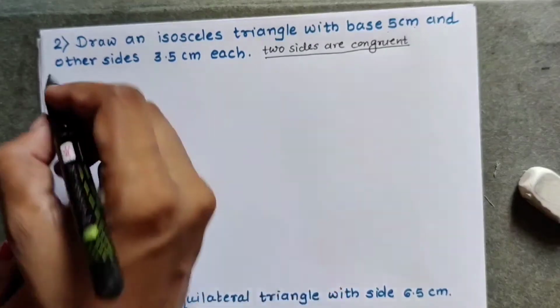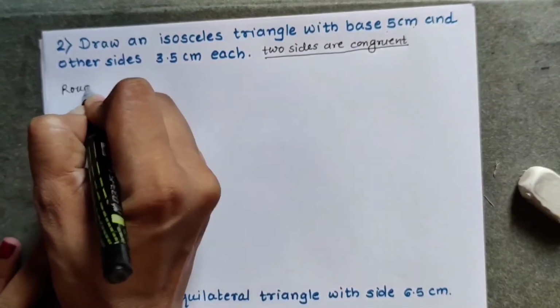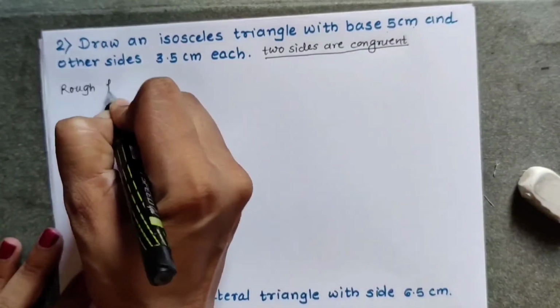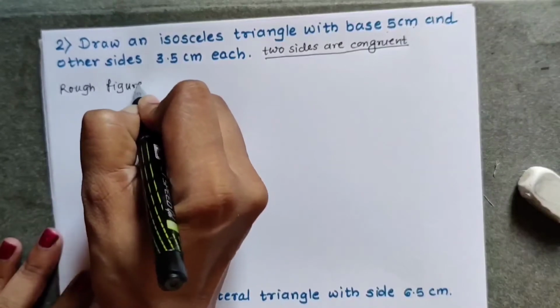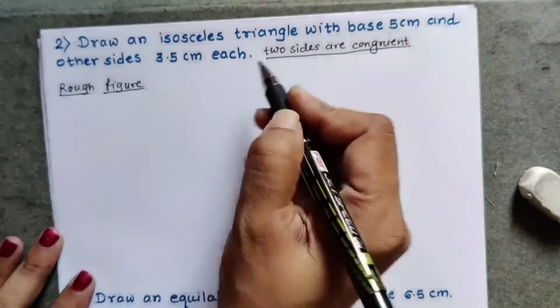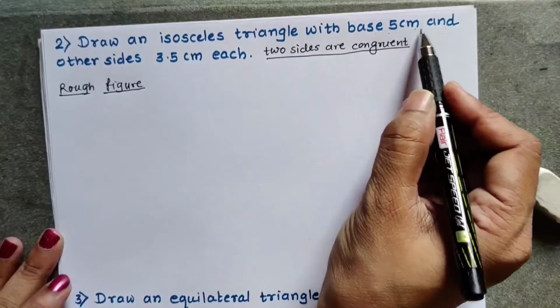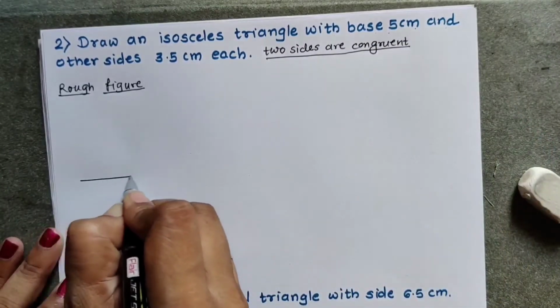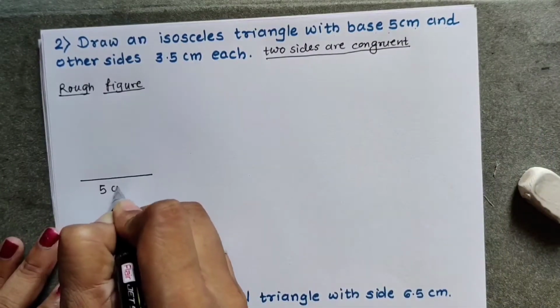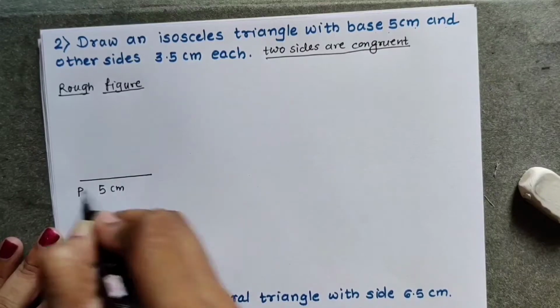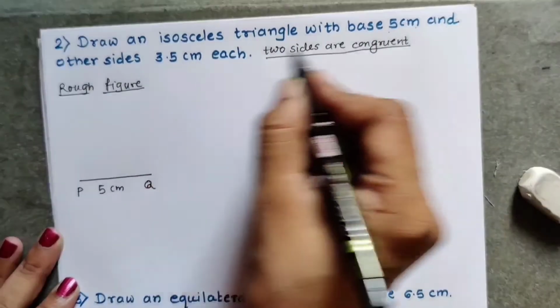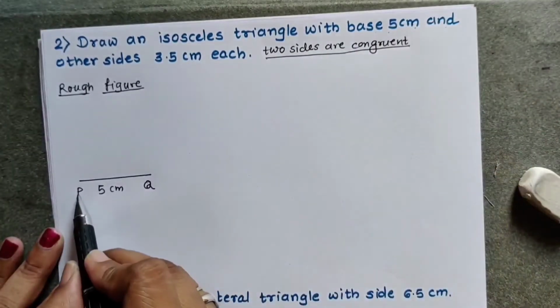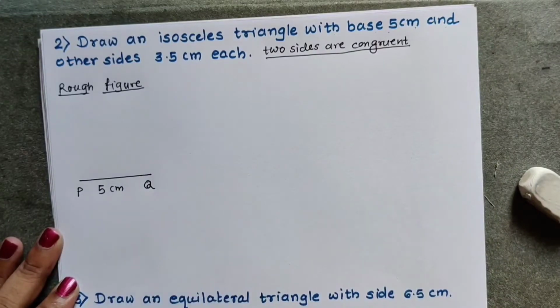So let us see. First draw the rough sketch. As usual, we have to draw the rough figure first. In rough figure, we will be first drawing the base, which is 5 cm. You can write any name because name of triangle is not given here, so we can write PQ as 5 cm.